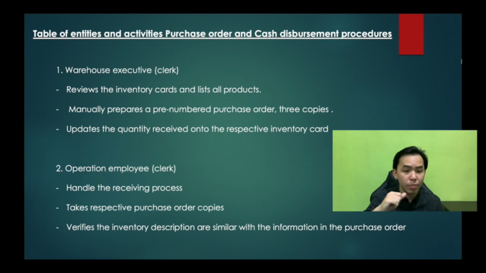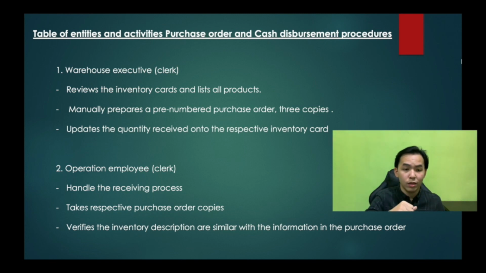For the first slide, table of entities and activities, purchase order and cash disbursement procedures. There are 5 entities. For each of the entities, I only state about 3 of their activities for this presentation. The first entity is warehouse executive, a clerk.